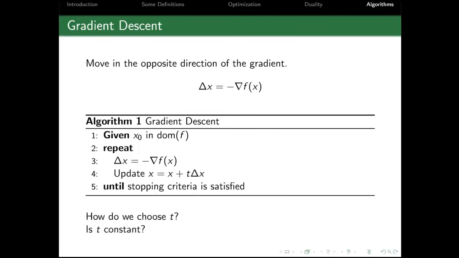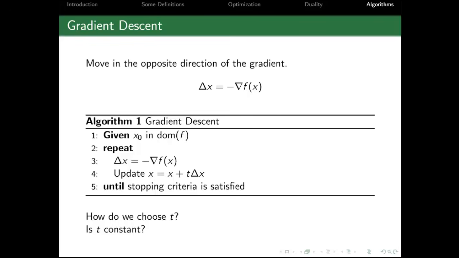Now let us formally look at gradient descent. We have intuitively seen that if we move in the direction opposite to the gradient we will reach the minima. So we'll state it as an algorithm. If you start at x0 in the domain of f, you can update in every iteration x equal to x plus t times delta x, where delta x is minus gradient of f of x.